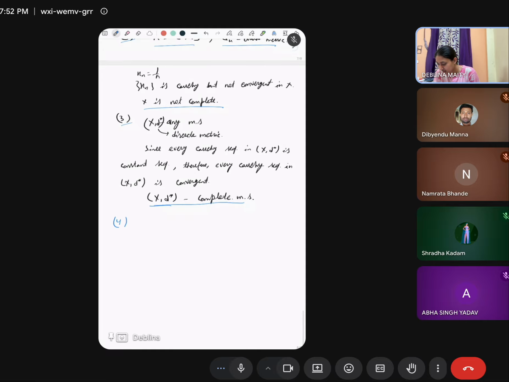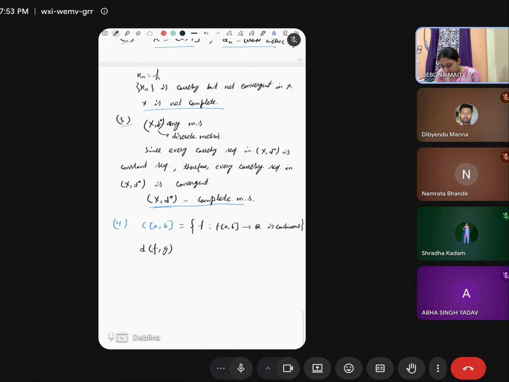Now we'll take this metric space, C[a, b], which is the function space of all real-valued continuous functions from [a, b] to R. And the metric is d(f, g), where the elements are functions. d(f, g) is defined as the maximum over t in [a, b] of the modulus of f(t) minus g(t).